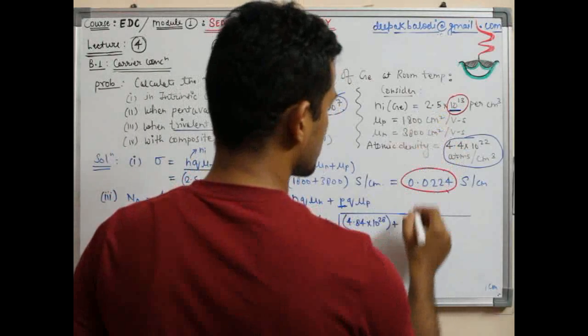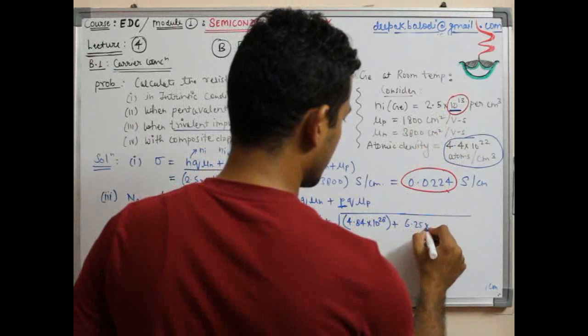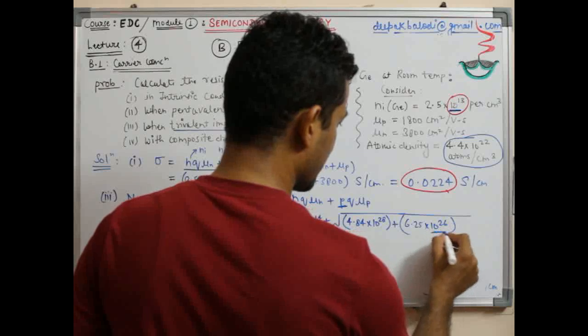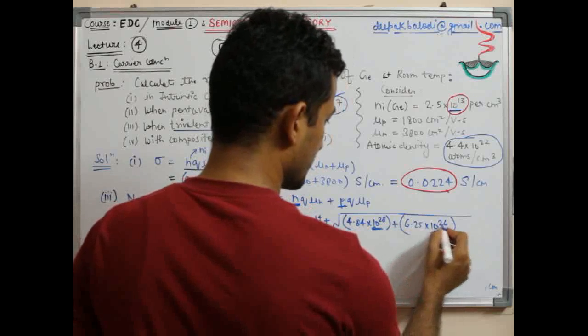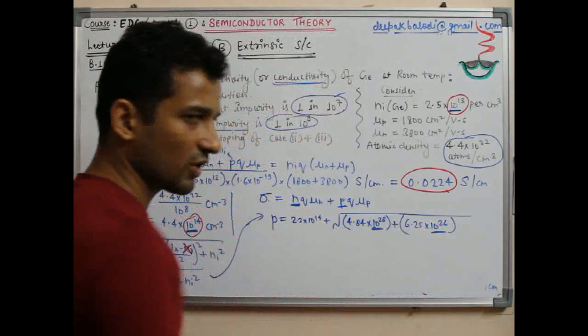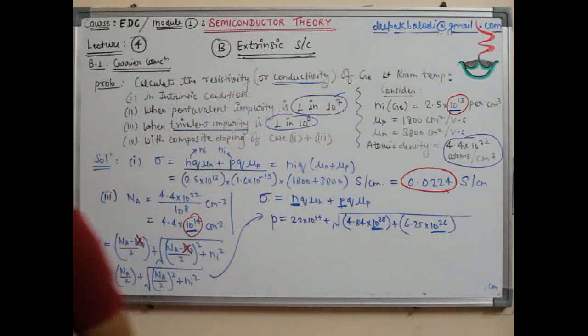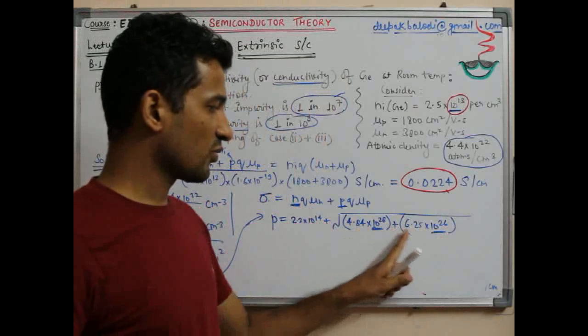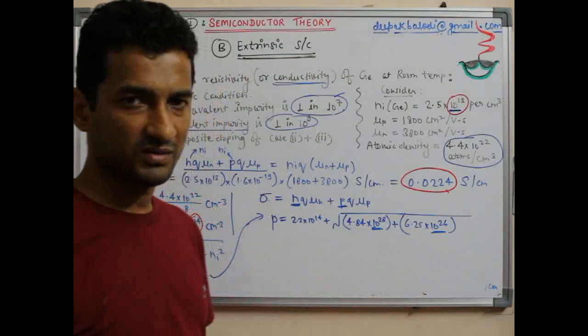Ni square is 6.25 into 10 to the power 26. Now you see, as was expected, this is 28 and this is 26, and both the coefficients are almost the same, with a little bit of difference. But because there is a major difference in the order, comparing this 4.84 with 6.25 is not sensible.